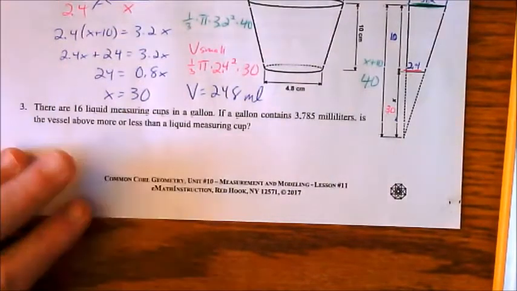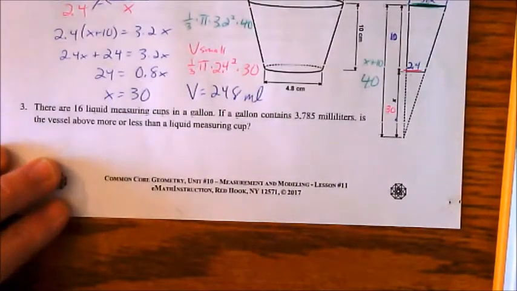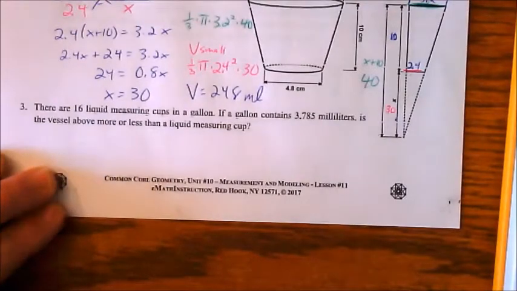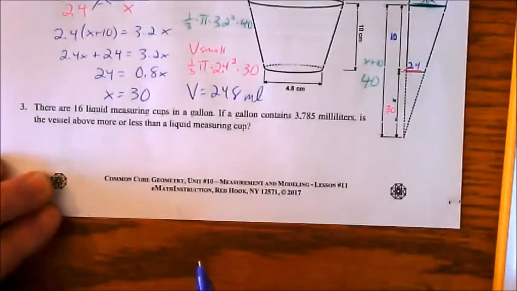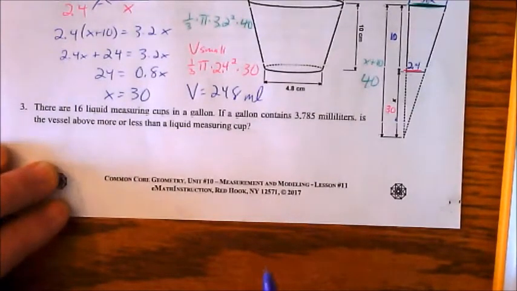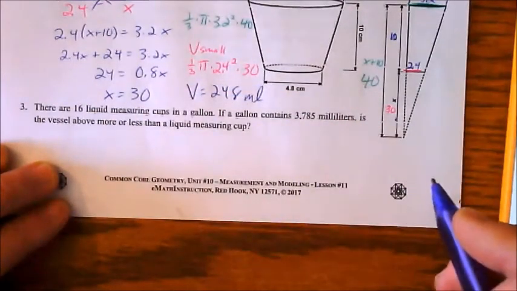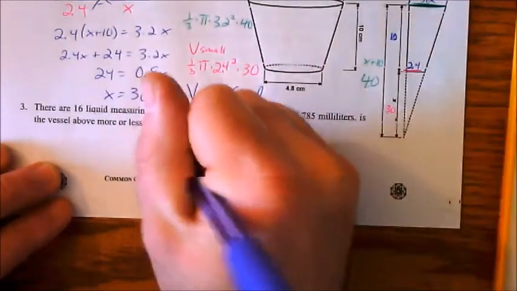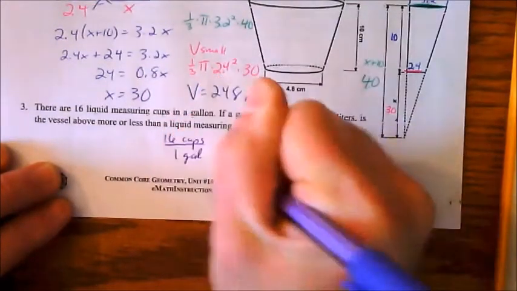So, not second, we're going to do math, fraction. 1/3 times pi times 3.2 squared times 40 minus 1/3 times pi times 2.4 squared times 30.